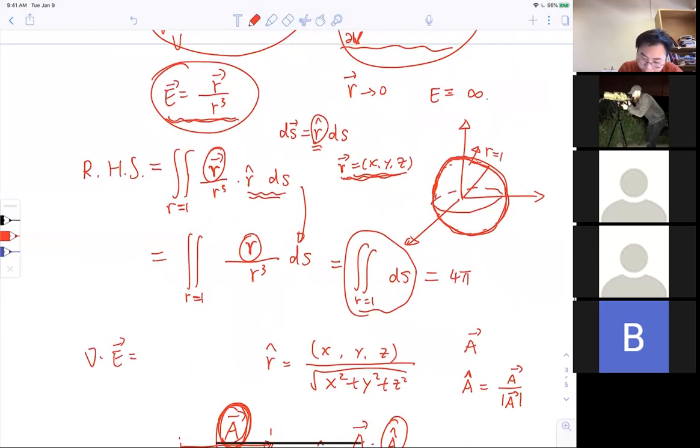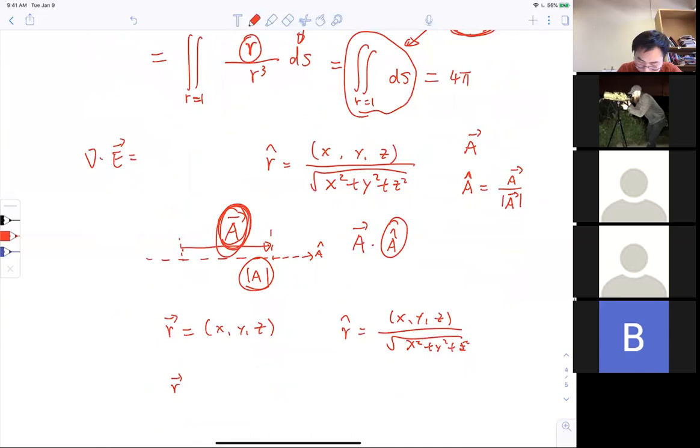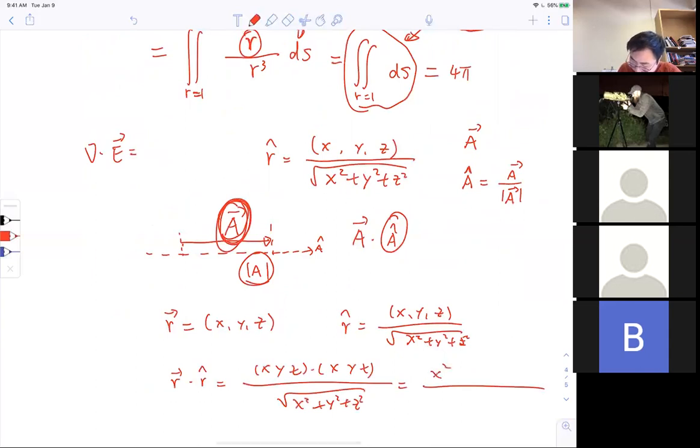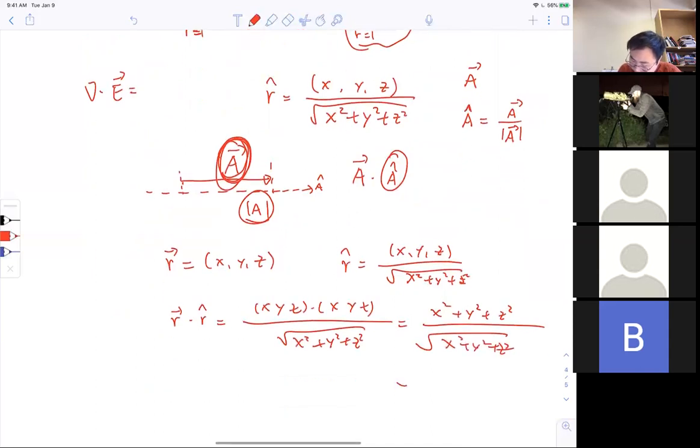It's just a simple dot product. So this dotted with this is x squared plus y squared plus z squared over the square root of x squared plus y squared plus z squared, which is nothing but the square root of x squared plus y squared plus z squared.